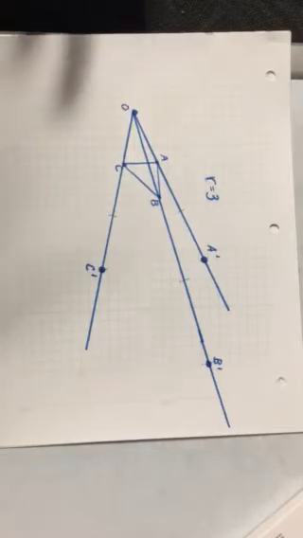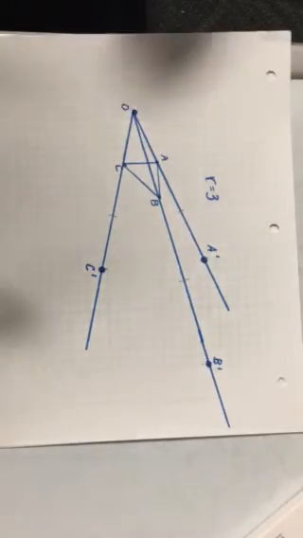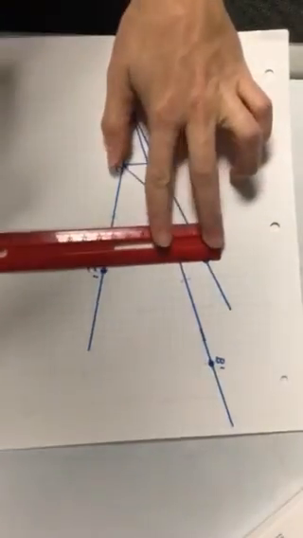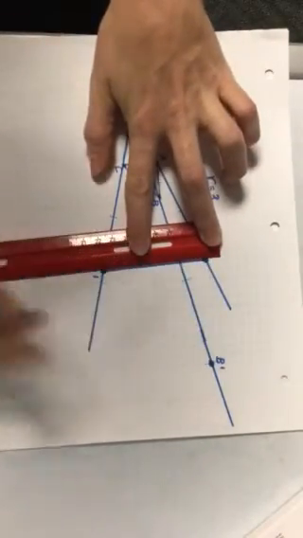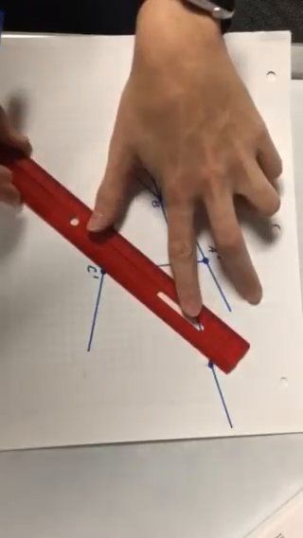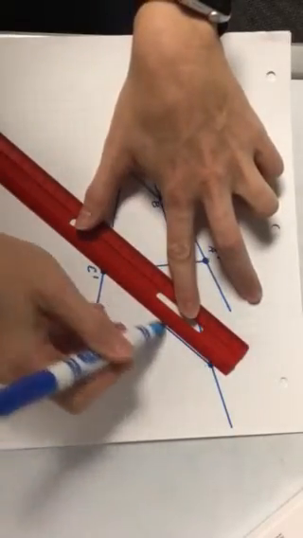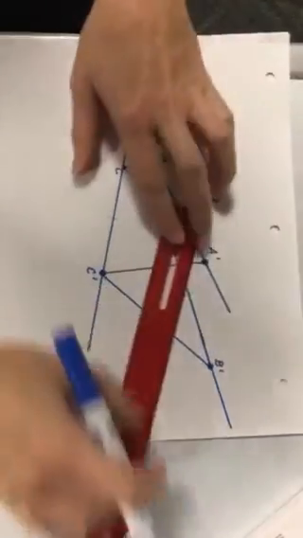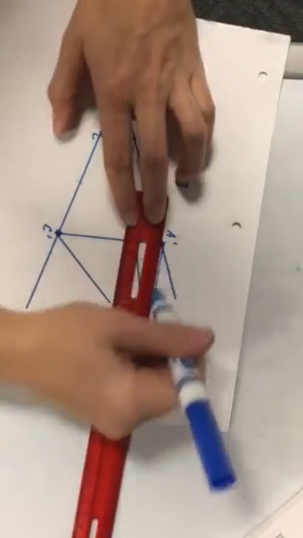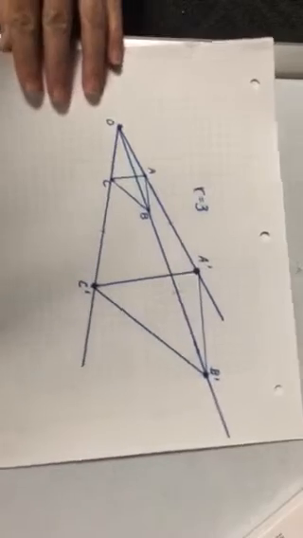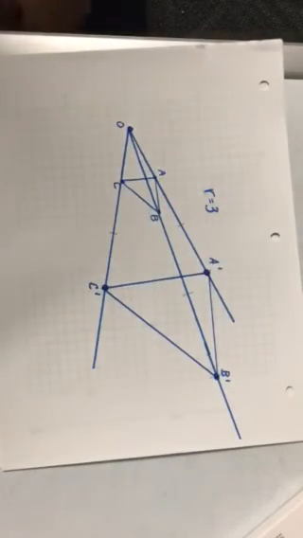And then your last step is to connect your points to make your dilated triangle. And there you go. A triangle 3 times the size of the original.